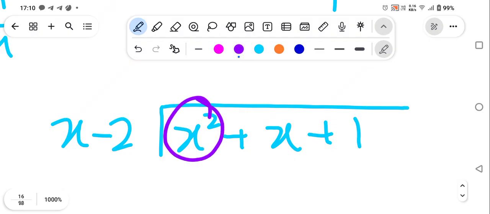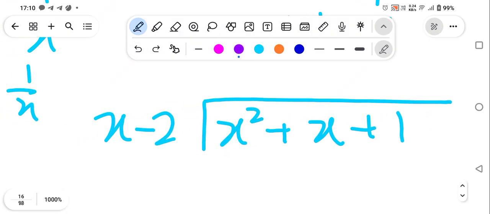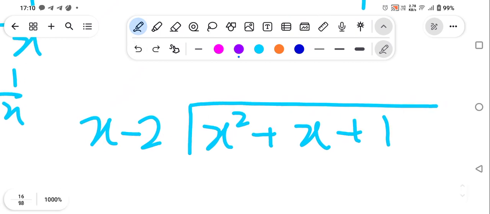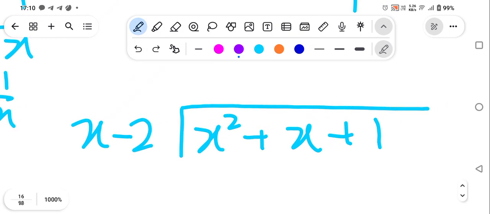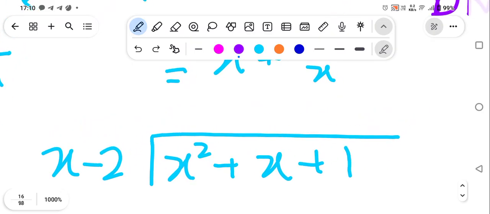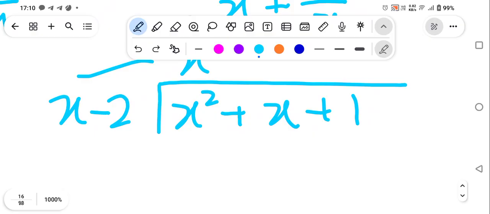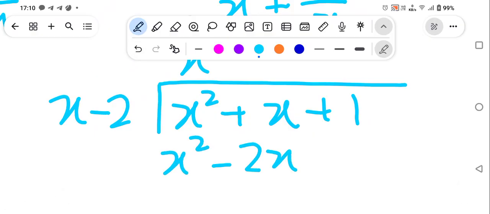We try to cancel out the highest power over here. So what can we do to this divisor so that it matches the highest power? Clearly we're gonna multiply this by x. After we do this, we multiply x by x minus 2, so what we have is x squared minus 2x.